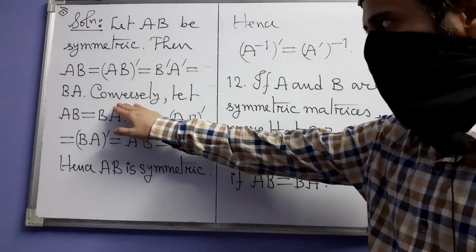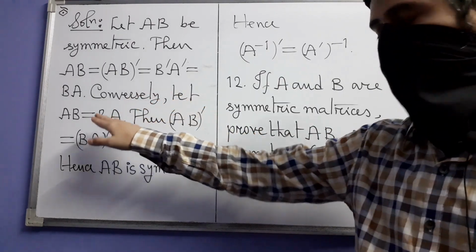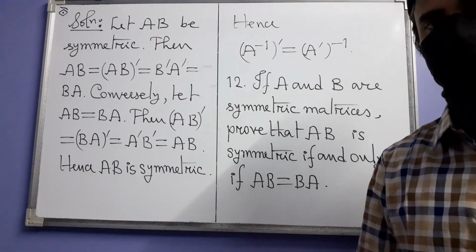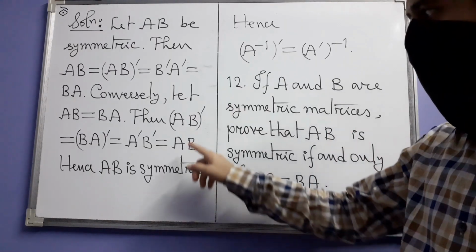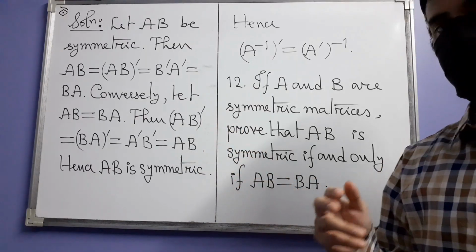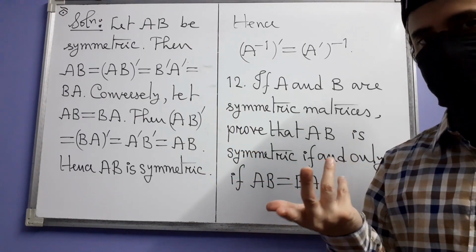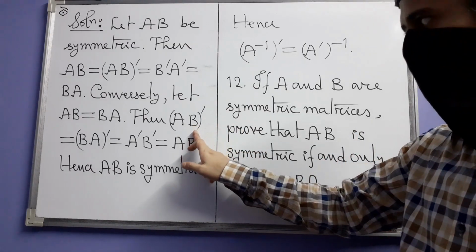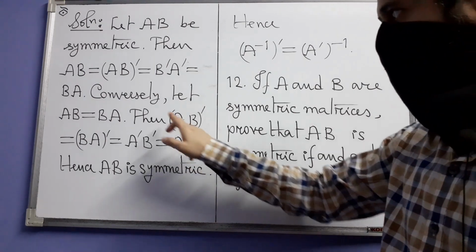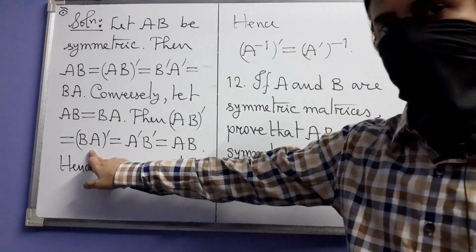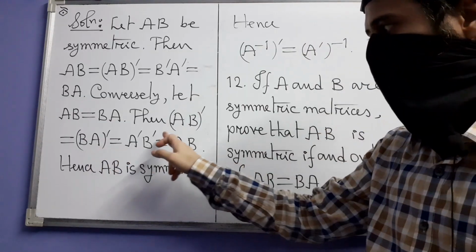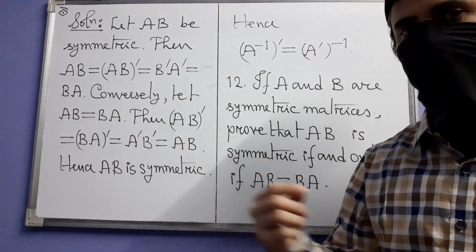And the second half is this, where we assume that A and B commute with each other. Now we have to prove that AB is symmetric. So to prove that AB is symmetric, we have to show that its transpose is itself. So let us calculate its transpose. We immediately use this fact that in place of AB we can write BA, and then we apply the transpose on each of these matrices.